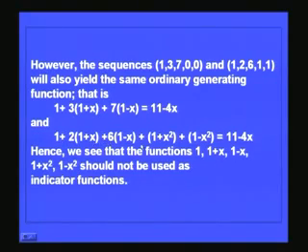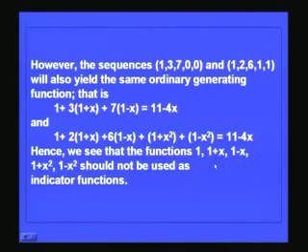This x squared will cancel with this x squared, and as far as the coefficient of x is concerned, you have 2x minus 6x, which will give you minus 4x. So again you see that you are getting the same ordinary generating function, and it is representing 3 sequences, which is not correct. So these functions you cannot use as indicator functions.